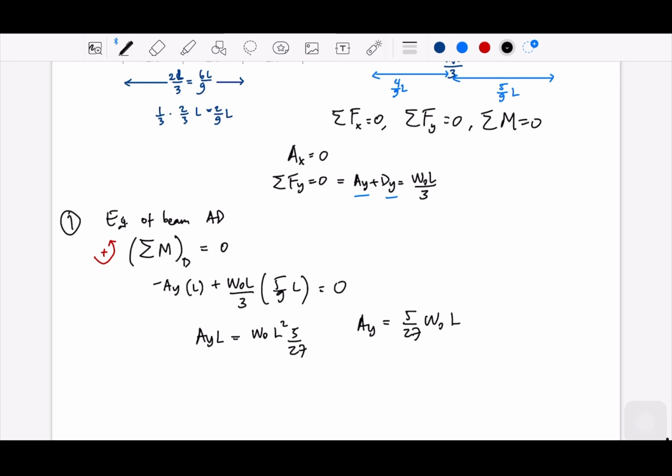Still the first case, we need to take the sigma moment at A equal to 0. Again, my assumption is taking counterclockwise as positive.